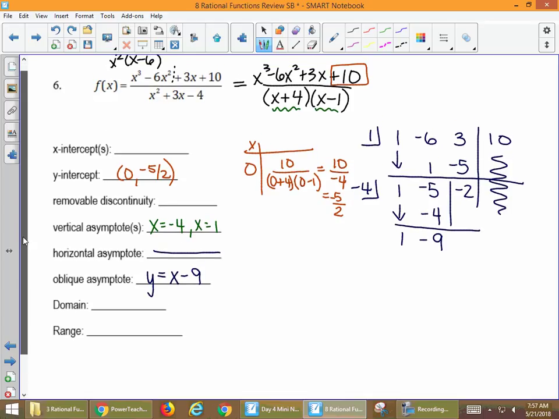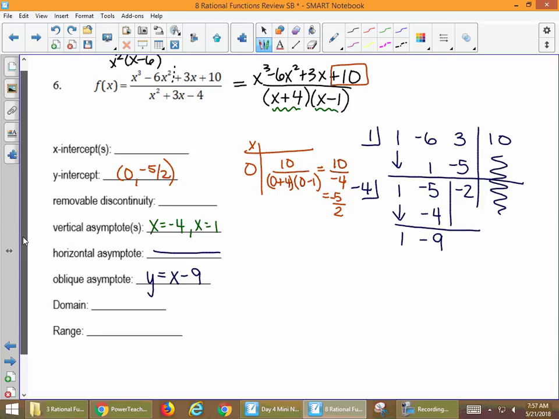So the numerator is tricky on this one since it's not factorable, and I definitely wouldn't do that to you on a test if it was a no calculator problem. The thing I will tell you right now is if you put this in your calculator, one of our x-intercepts is at negative 1. And you could do rational root theorem, I know you guys remember that from Algebra 2.